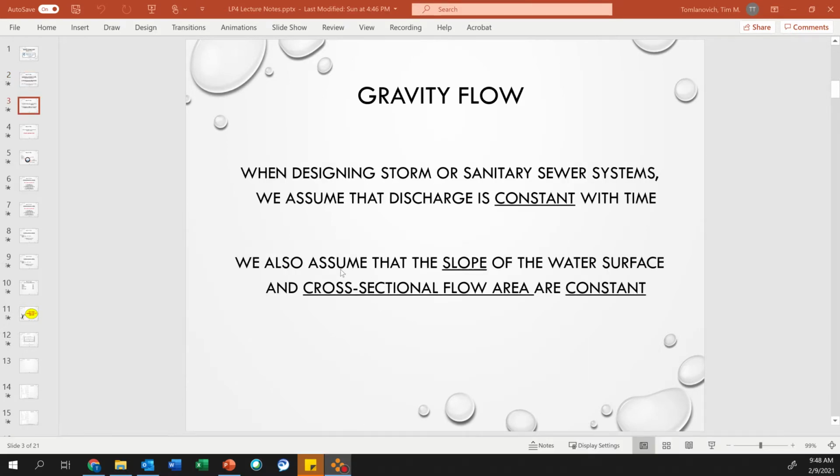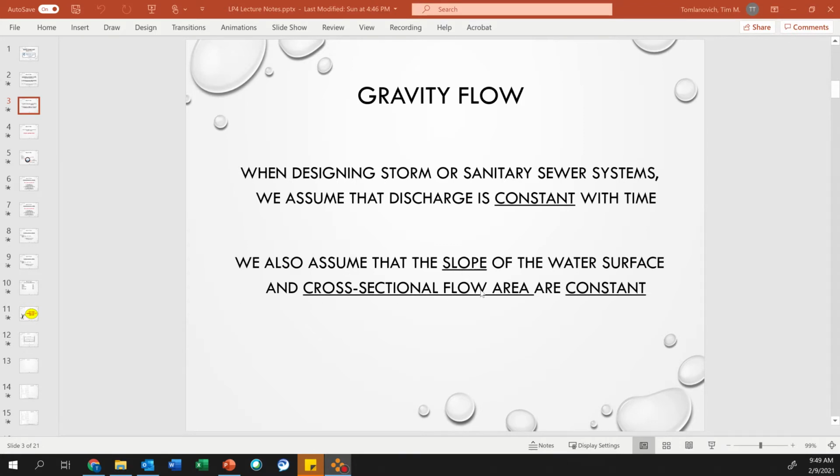So when designing storm or sanitary sewer systems, we assume that the discharge, the flow rate Q, is constant with time. We also assume that the slope of the water surface and cross-sectional flow area are constant. So the slope is that hydraulic grade line. Remember me talking about that?